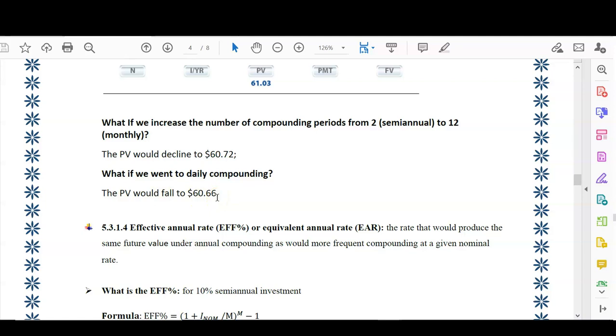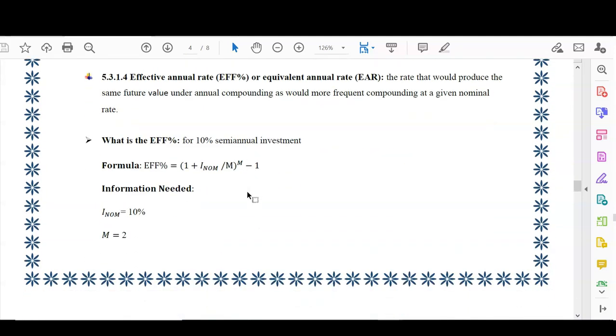Okay, when we discount more frequently, the present value would become smaller. Okay, so that's how we get our quoted rate from the contracts, and then we convert it into nominal rates and use the number of periods and periodic rate to calculate present value or future value of a lump sum.